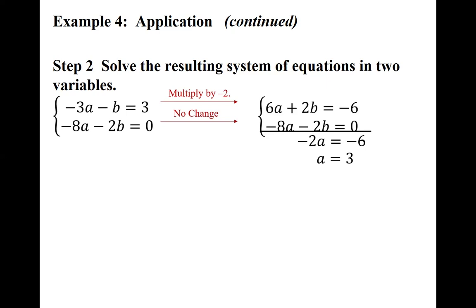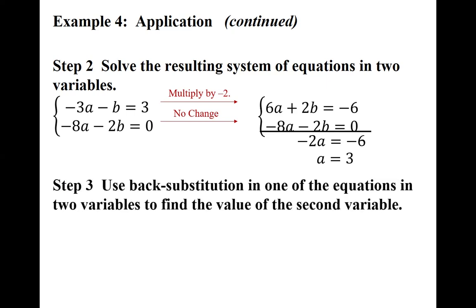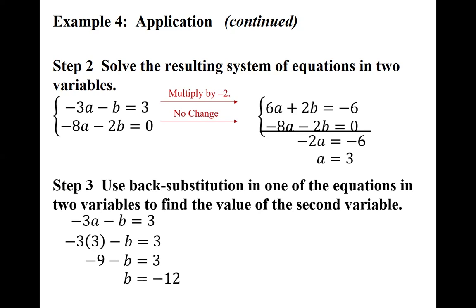I have my a. I'll back substitute into one of these two equations. I have negative 3a minus b equals 3 here. Plugging in that 3, that's negative 9 minus b equals 3. Add 9 to both sides.